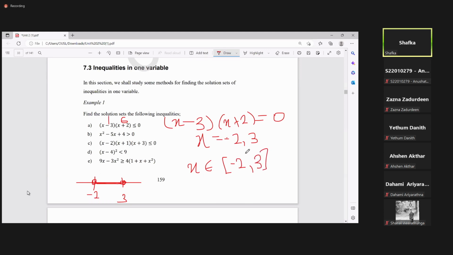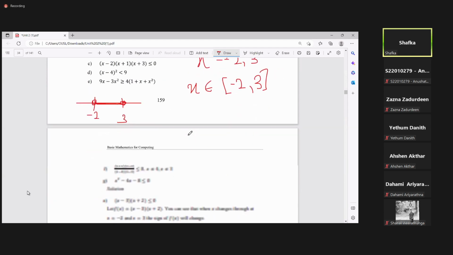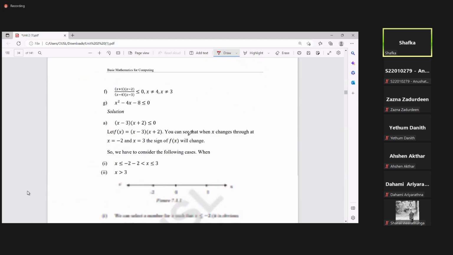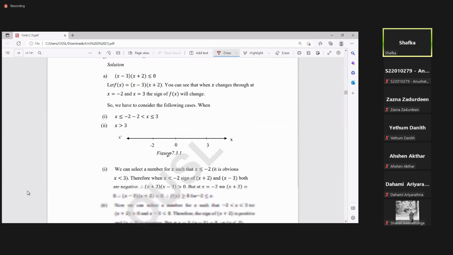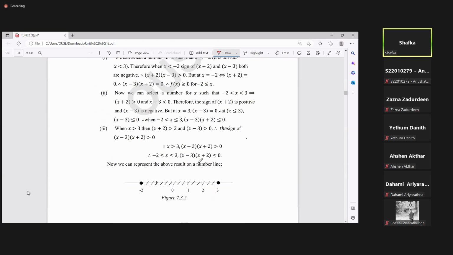This represents the interval. Later, there is an explanation about intervals as well. You can represent it as any real number from minus 2 to 3.